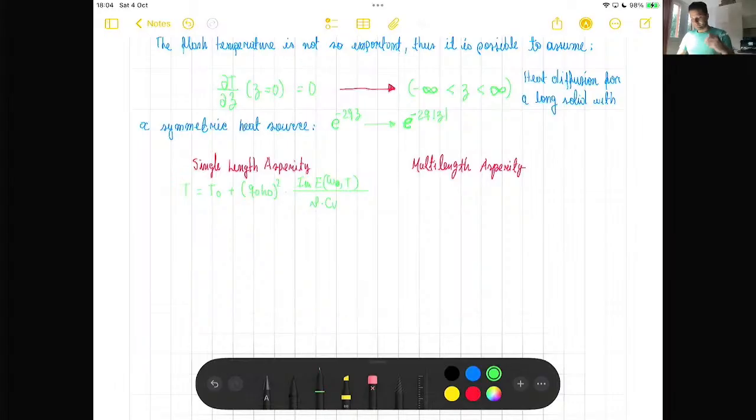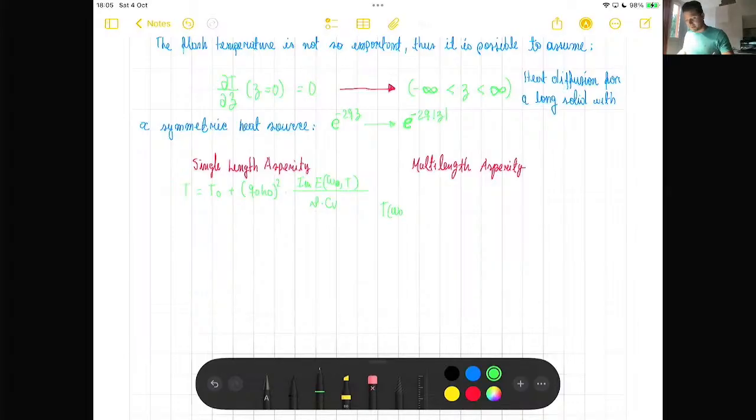And then replacing this, we have T as a function of z and time, which is T0 plus, let's put it a little bit lower because this is a big equation.